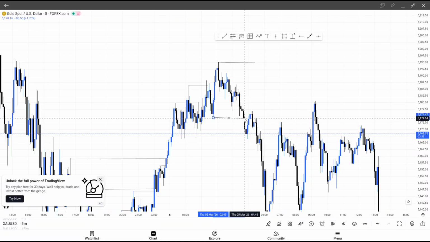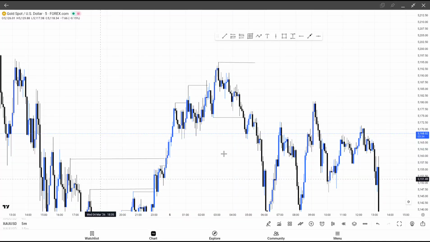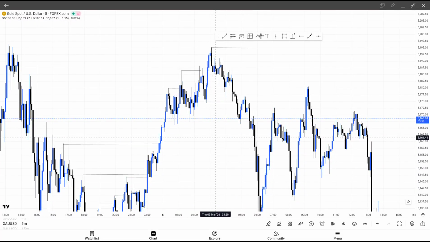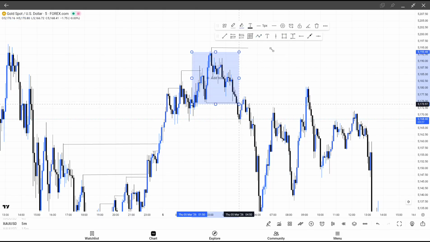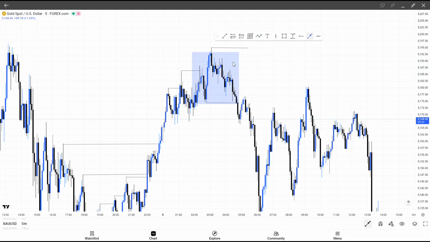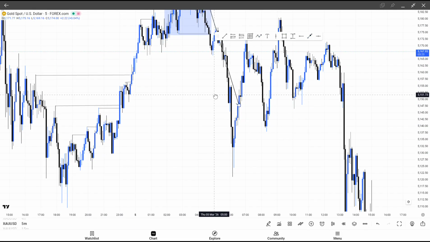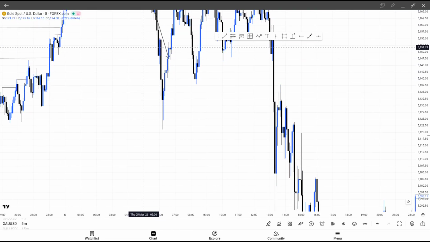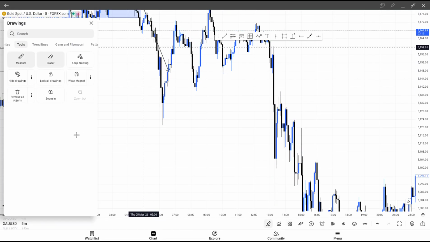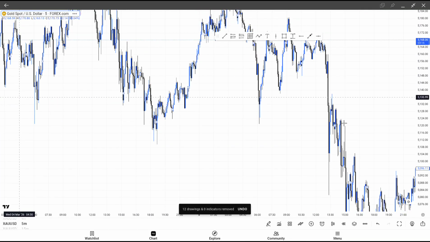So we have a market structure shift. It means that the market is about to change direction. And what happened when the market does this type of configuration? The market will definitely change direction and start to go bearish again, as you can see here. You get the point, right? This is what we call a market structure shift.